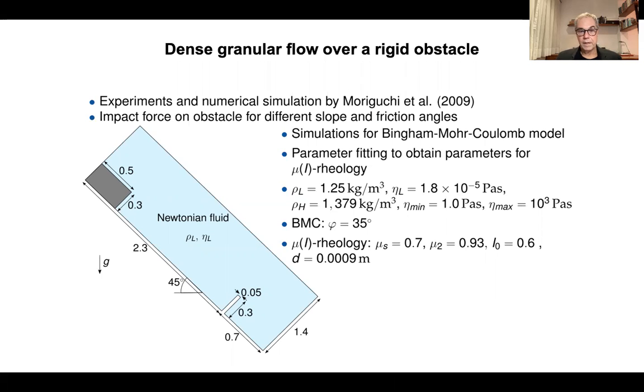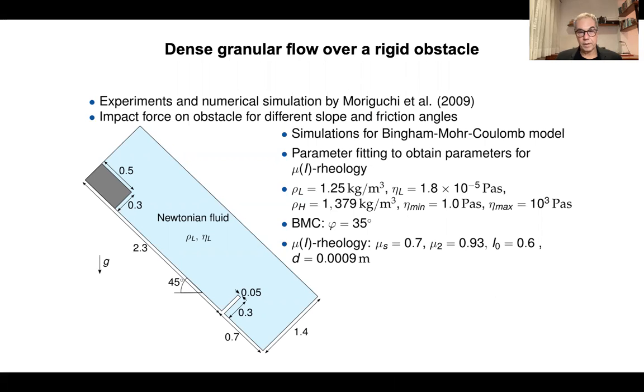to obtain the parameters for the mu(I) rheology. You can see the density for the light fluid and the density for the dense granular flow, and the viscosities, where you have a contrast of almost 10 to the power 8 between the viscosities of both fluids.